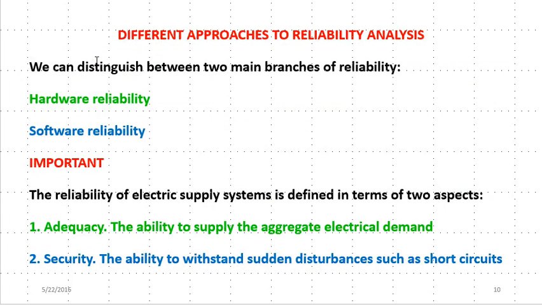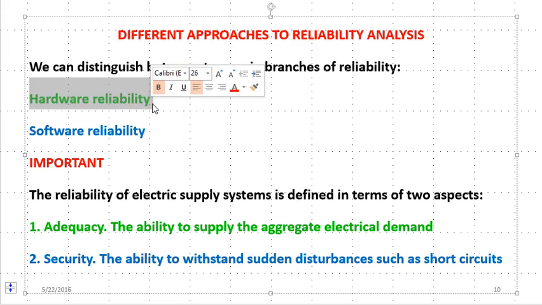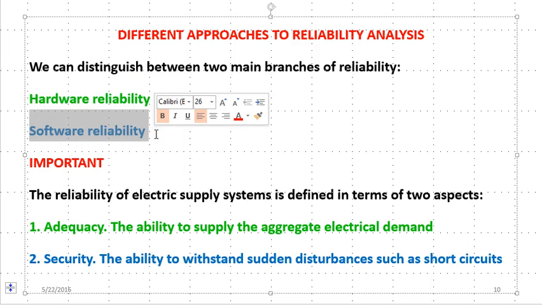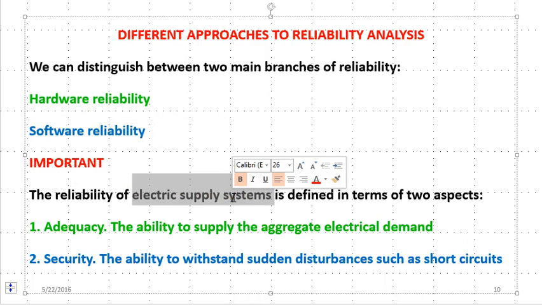Now there are different approaches, different methods of reliability assessment and evaluation techniques. First, there is reliability assessment that has to do with hardware components, and there is what has to do with software components. It is very important to note that if we are dealing with an electric power supply system, there are two key reliability items that we look at. The first is adequacy, that is the ability of the system to supply the aggregate, the total amount of electrical demand.